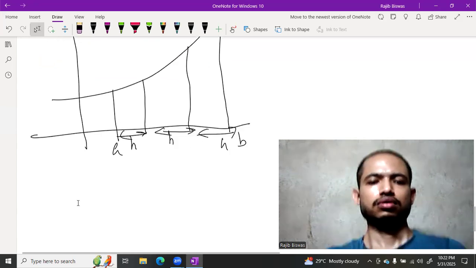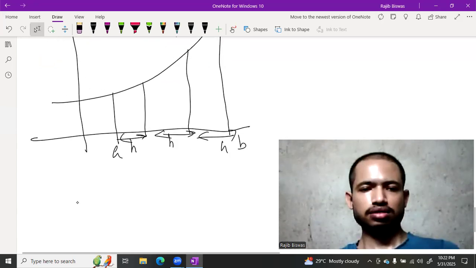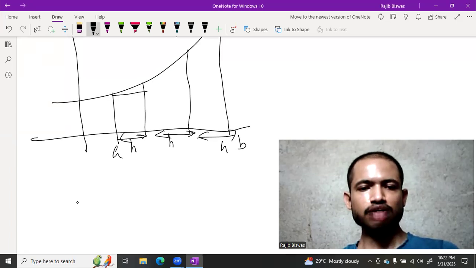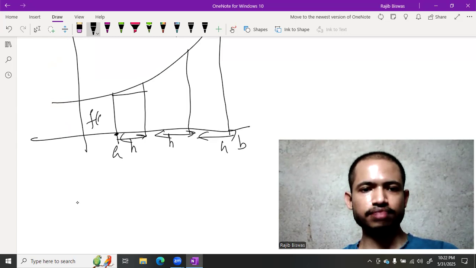Now let the height of the rectangle be defined by the left endpoint of each rectangle. So here at x equals a, the height of this first rectangle is f(a), because f(a) is the height of the graph of f(x), right?